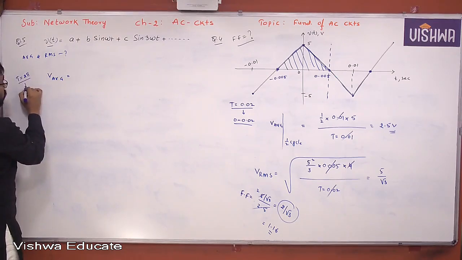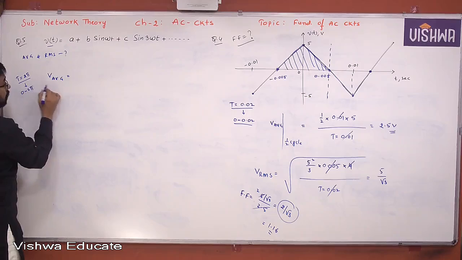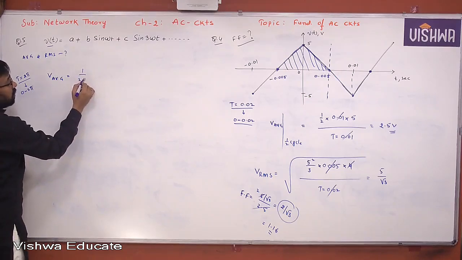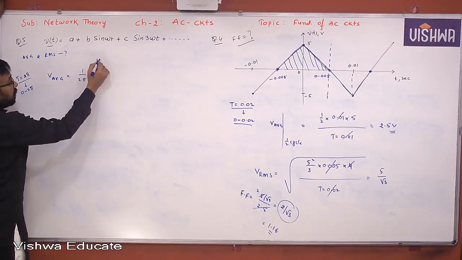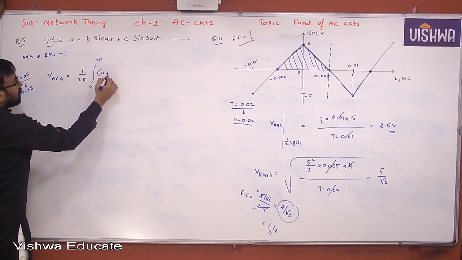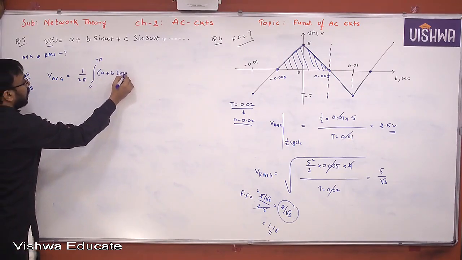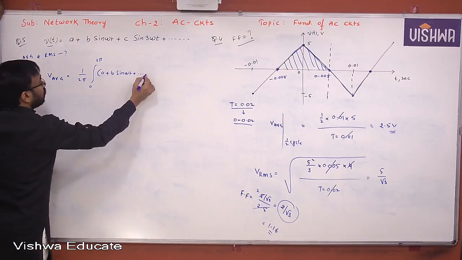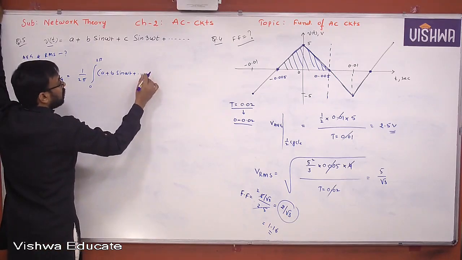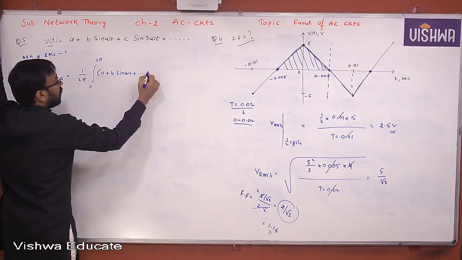Yes or no? So 1 by 2 pi, integral from 0 to 2 pi, of a plus b sin omega t plus and so on. You go like this, right?